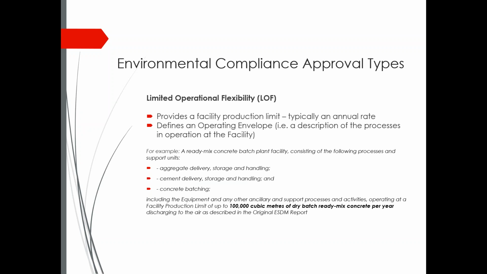So it's something more generic of the operation. It doesn't list each individual piece of equipment. It might list some equipment that has specific operational parameters, but usually for a ready-mix plant, you wouldn't really have that.